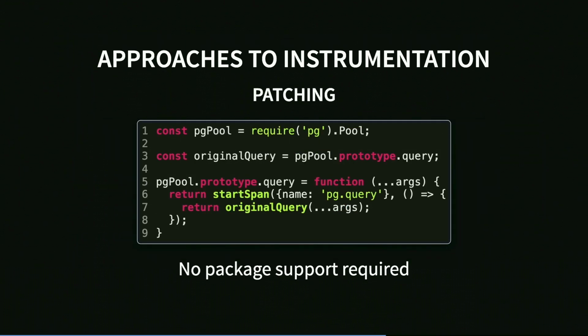So we have this other fundamental approach, which is called patching, monkey patching. It has a couple of different names, but it really boils down to kind of hooking yourself as an instrumentation into the code path of certain operations or functions within a library. And you can see here, it's kind of a simple example, but it's not far off from what OpenTelemetry is actually doing with the PG library for Postgres.